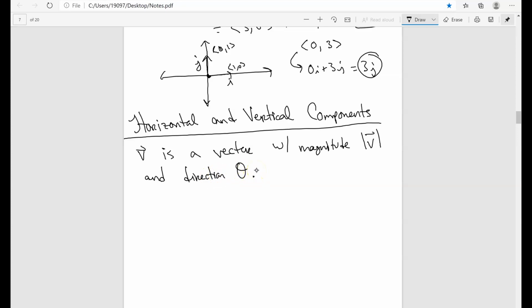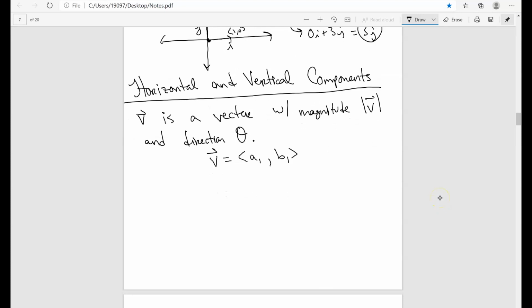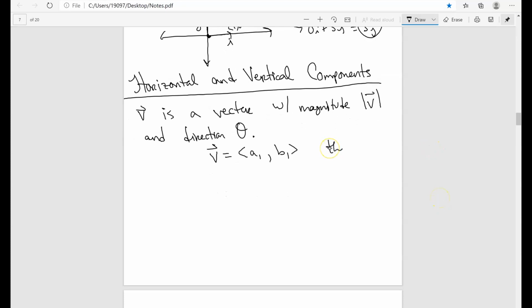So one way to denote it, if v is equal to a1 and then b1, then a1 is equal to the absolute value of v times cosine of theta, and b1 is equal to the absolute value of v times the sine of theta.